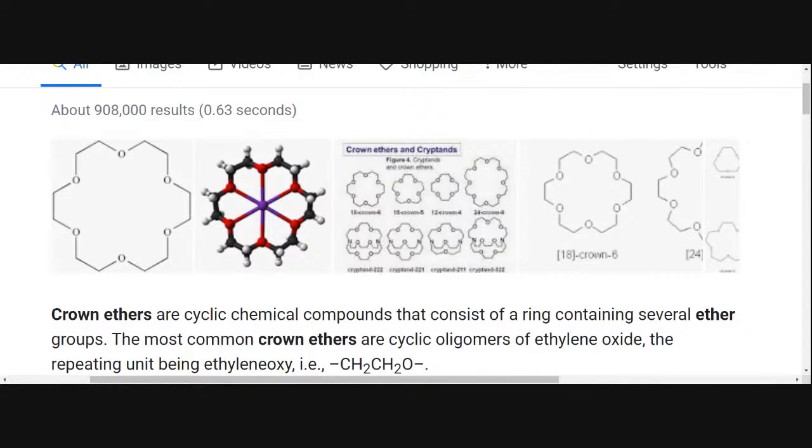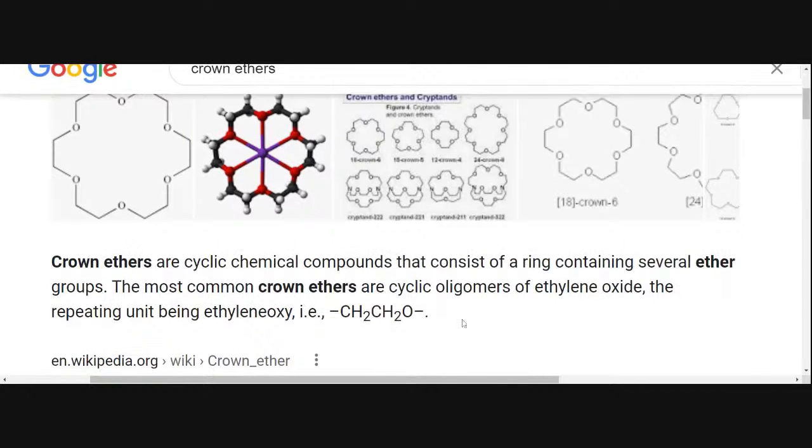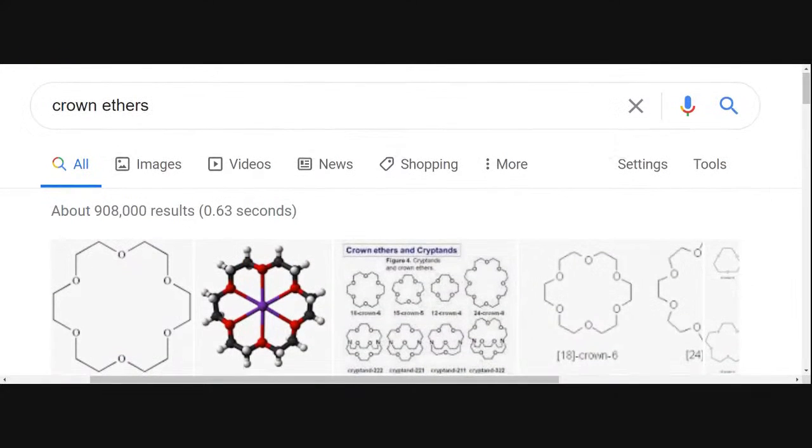You know, they kind of look like a ship steering wheel, you know what I'm talking about. And they say compounds that consist of a ring containing several ether groups. The most common crown ethers are cyclic oligomers of ethylene oxide, the repeating unit being ethyleneoxy. All right, but y'all get the drift. Y'all get the point with that, right?